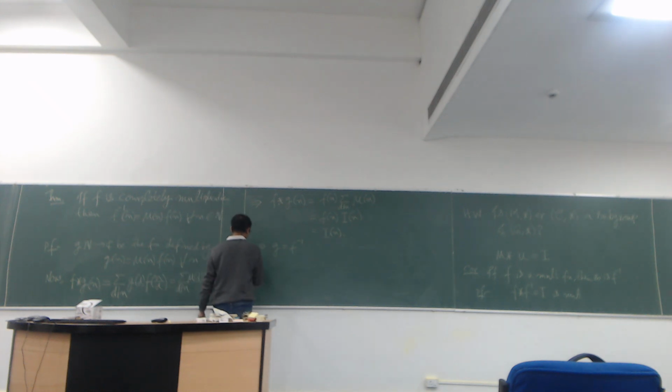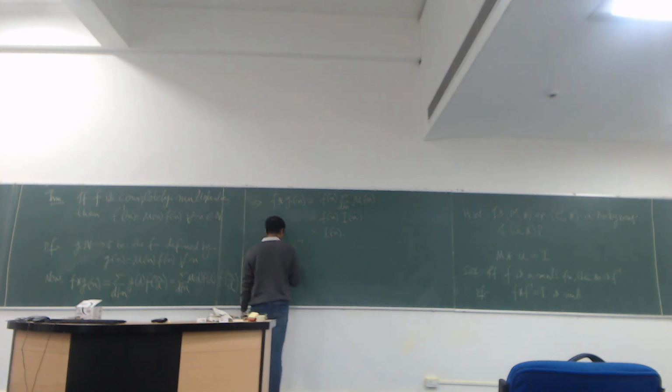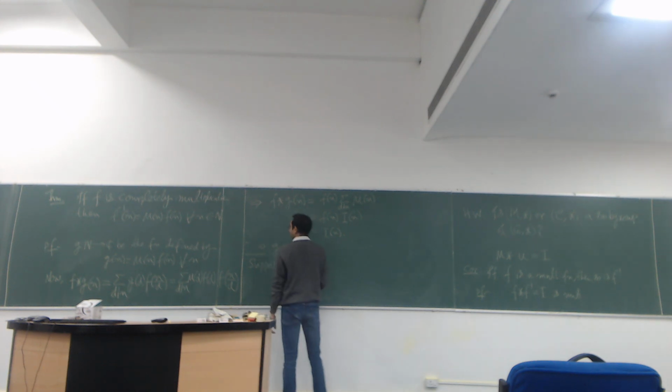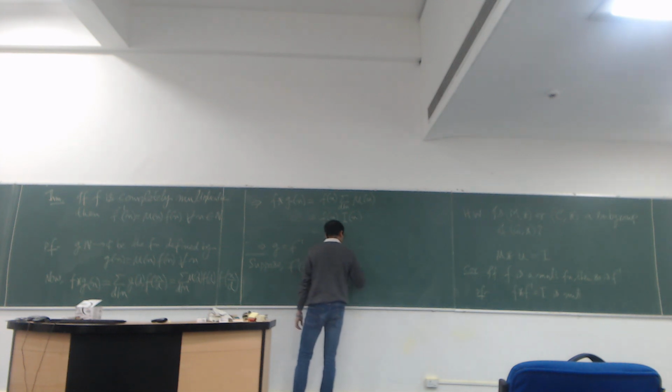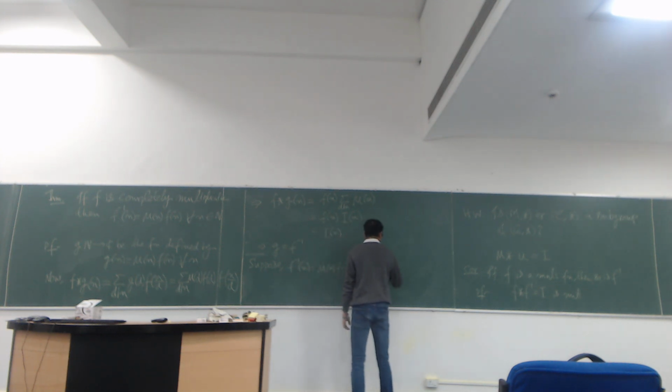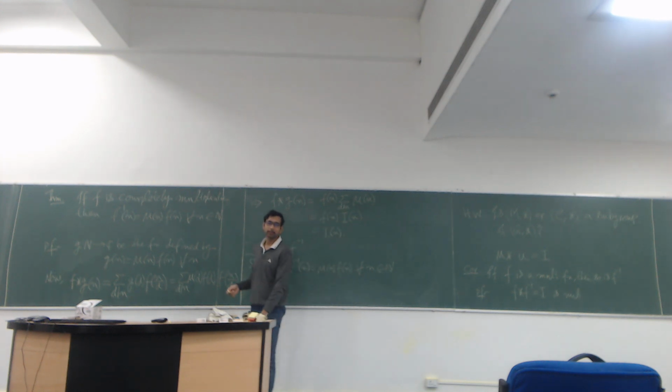And now, suppose f inverse is given by this. And we must show that f is completely multiplicative.